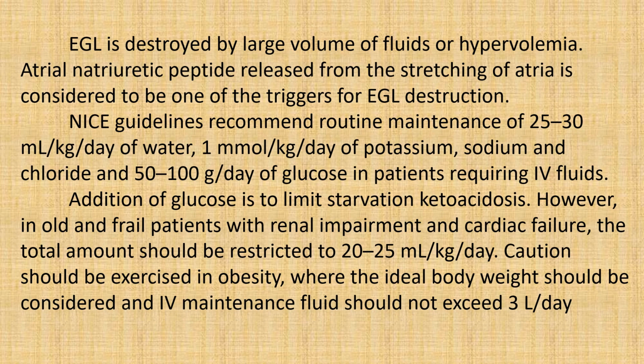EGL is destroyed by large volumes of fluids or hypervolemia. Atrial natriuretic peptide released from the stretching of atria is considered to be one of the triggers for EGL destruction.